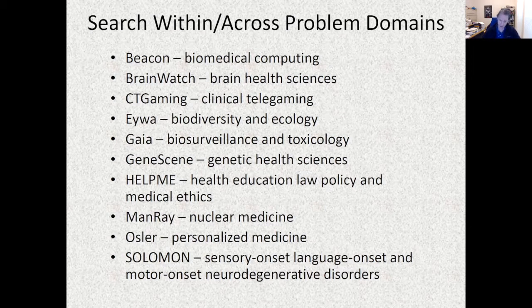In this short list of problem-oriented domains, I list some of the problem-oriented directories that we've been trying to prototype and develop and work with as a demonstration of what we're hoping to achieve.